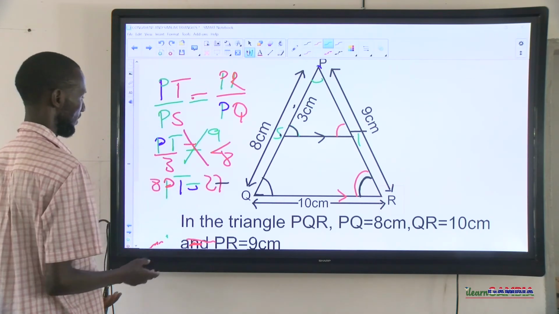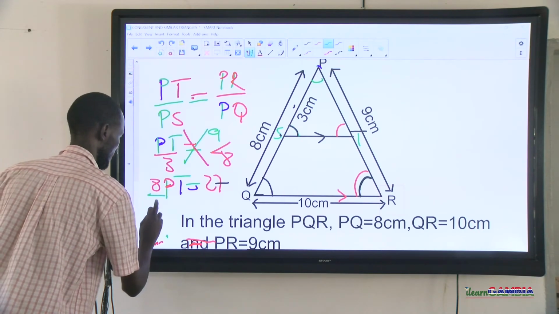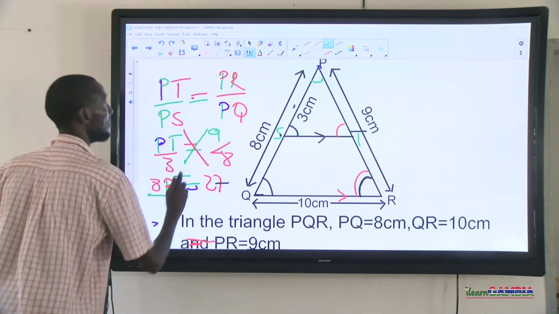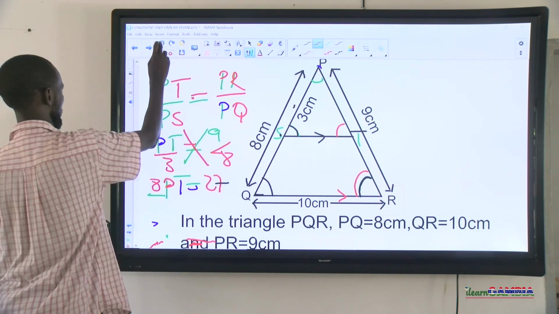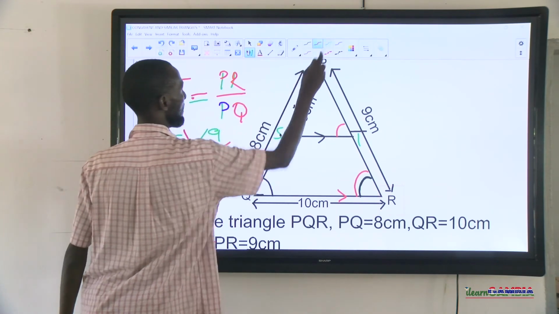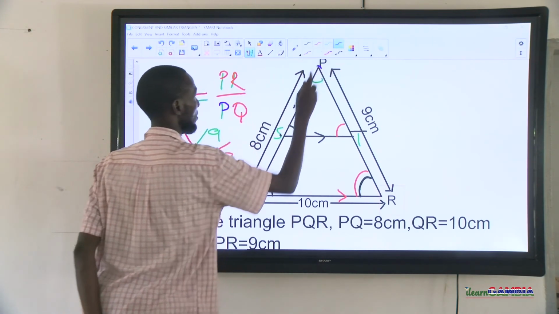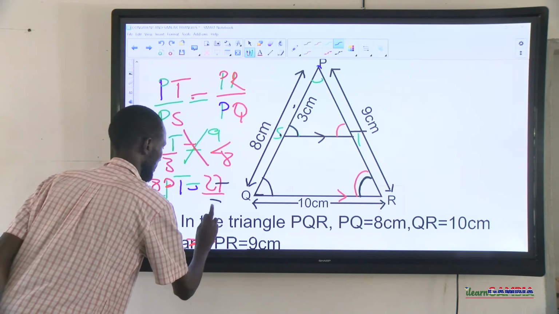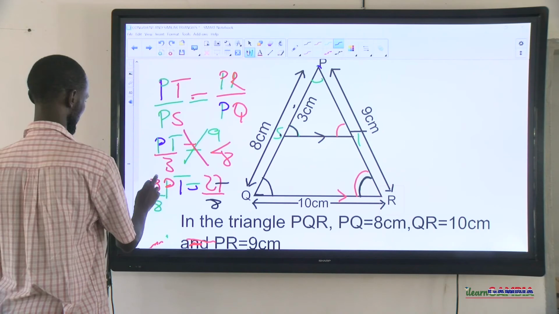Okay, now if we divide through here by 8, and also divide here by 8, what we end up having is 8 cancelling out 8.